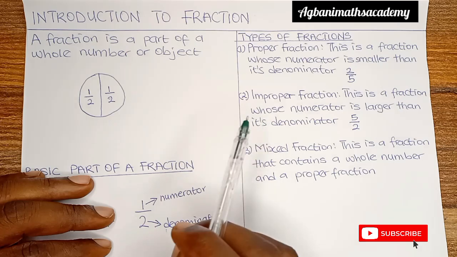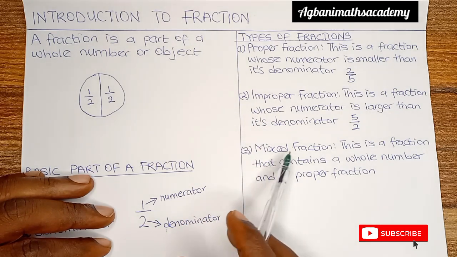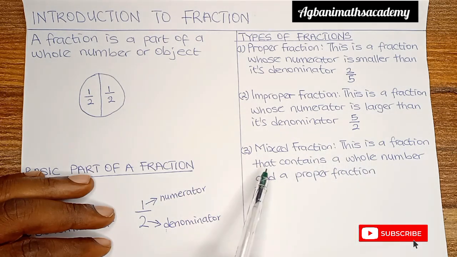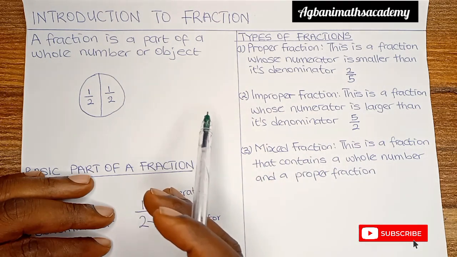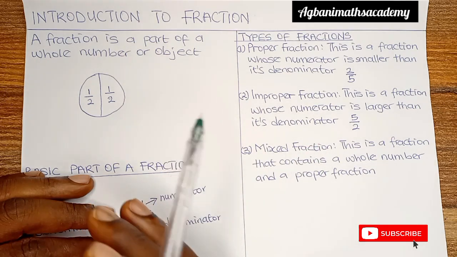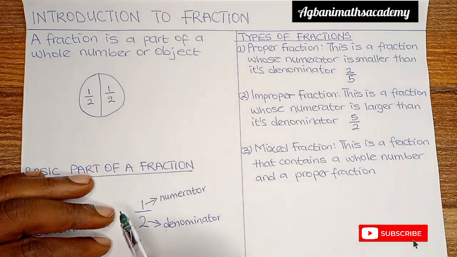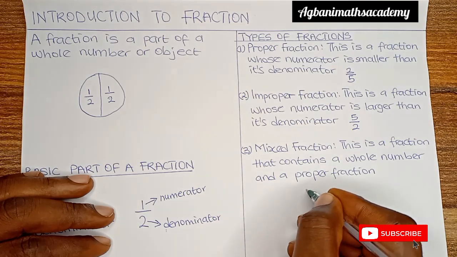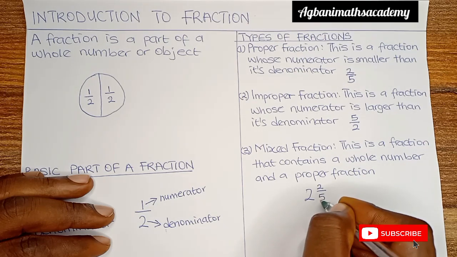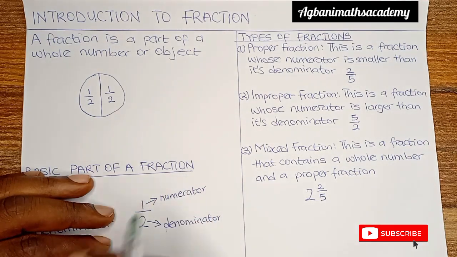The third type of fraction we are going to look at is mixed fraction or mixed numbers. This is a fraction that contains a whole number and a proper fraction. So if you have something like this, 2 whole number, 2 all over 5.